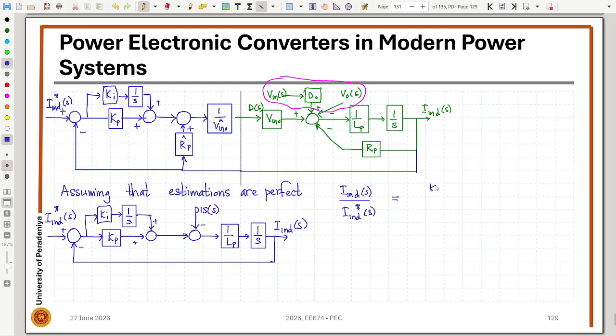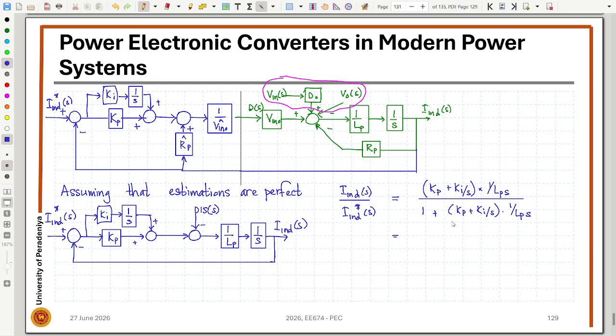So our forward path function would be Kp plus Ki over s times 1 over Lp s, divided by 1 plus Kp plus Ki over s times 1 over Lp s.